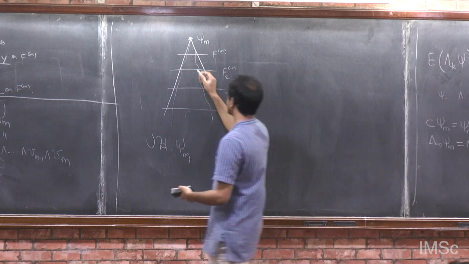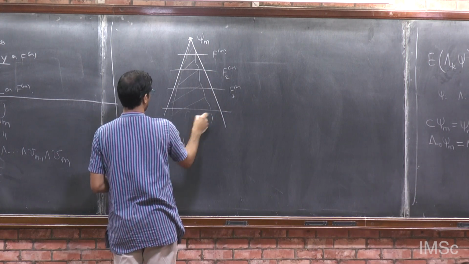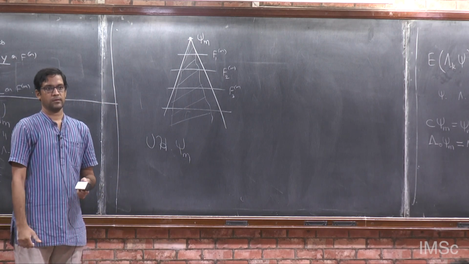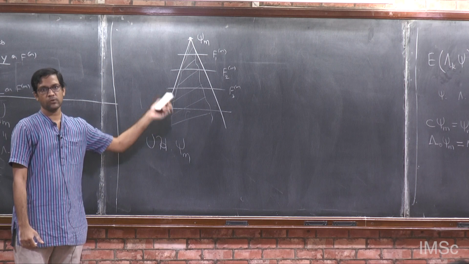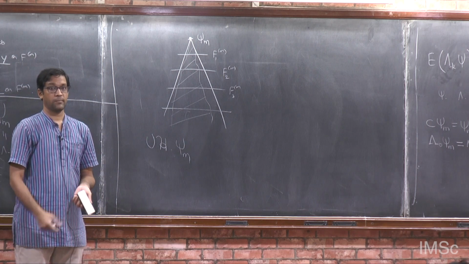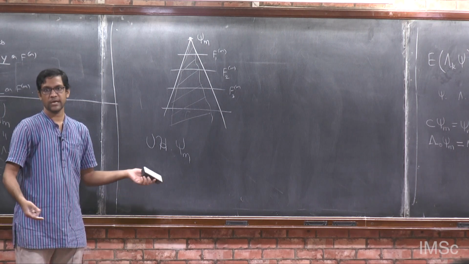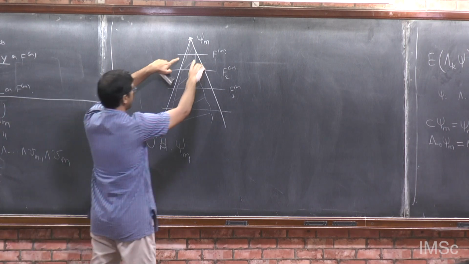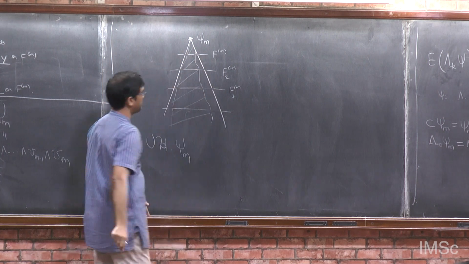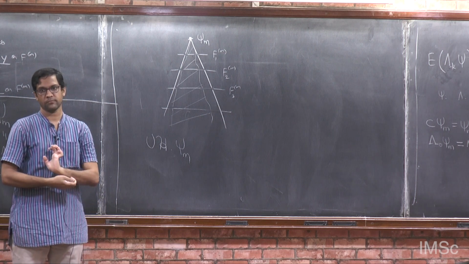Because this is a representation of the Heisenberg algebra, and there's really only one representation possible, the one whose dimensions are P of D. So it matches up with the ambient dimension at each level. There's no other way out. It has to actually give you everything.